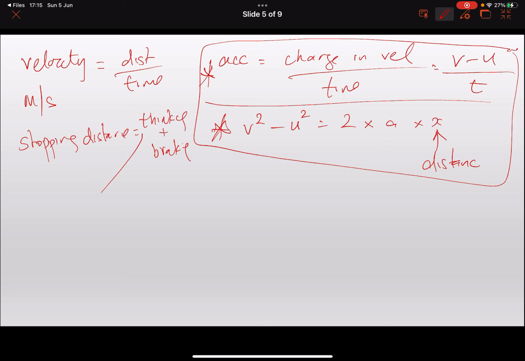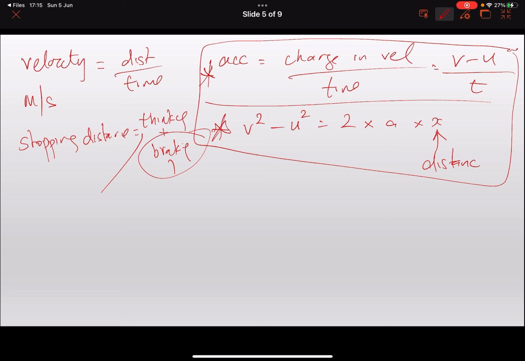Thinking distance is linked with you as the driver, your response to a hazard, which is dependent on tiredness, the influence of drugs, fidgeting in the car, messing around with the radio, or using your mobile phone. All of these things are illegal. Braking distance is to do with the condition of the car and the road: tyres, a slippery road, ice on the road. So just make sure you are aware of all of that.